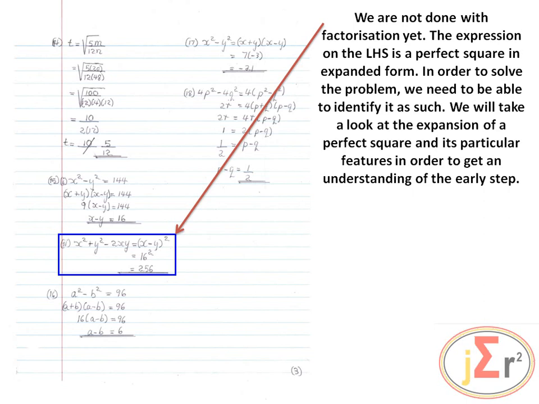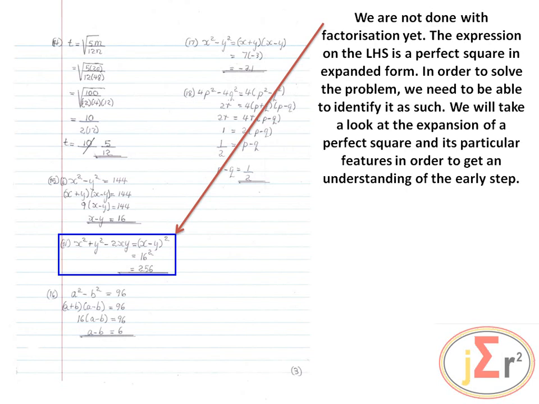As a matter of fact, we are required to identify that expression as a perfect square if we will have any success in solving the problem. So in order to solve the problem, we need to be able to identify it as such. So let me repeat that. The expression on the left hand side is a perfect square in expanded form. In order to solve the problem, we need to be able to identify it as such.